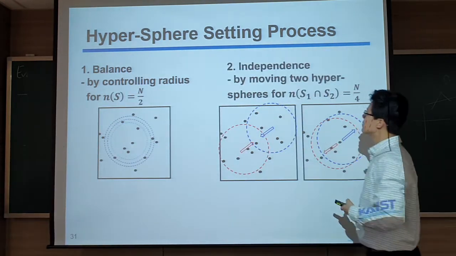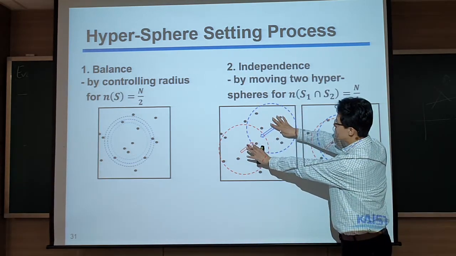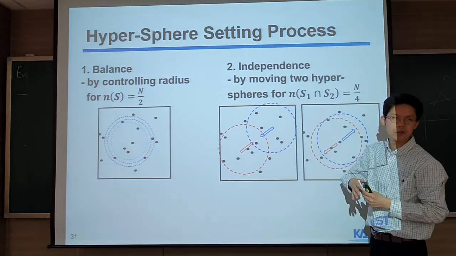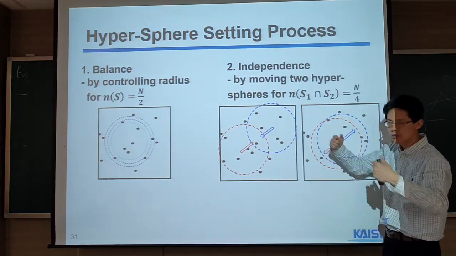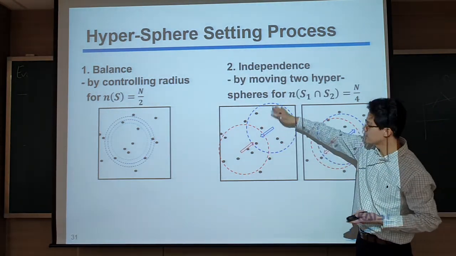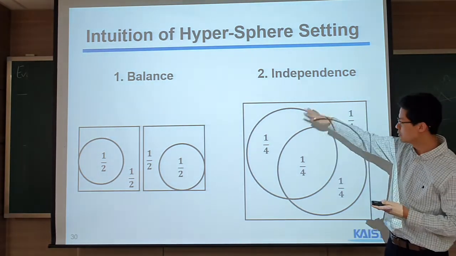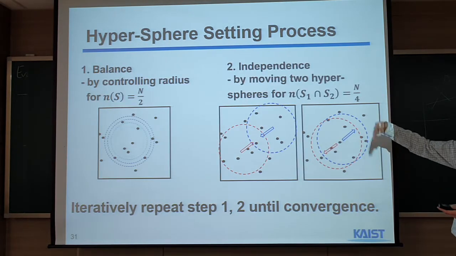Then for the independence property, once we have these two hyperspheres, we look at how many data are in each region, and we push and pull those two hyperspheres in a way that the data distribution follows this independence property between the two spheres. We keep doing that until we converge.